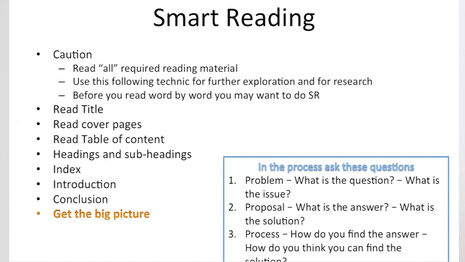While you are doing this process, make sure that you are asking the problem, proposal, and process questions as well. I hope you will pick up a small article today and try to give it a smart reading. Also, try to use these three criteria: problem, proposal, and process.